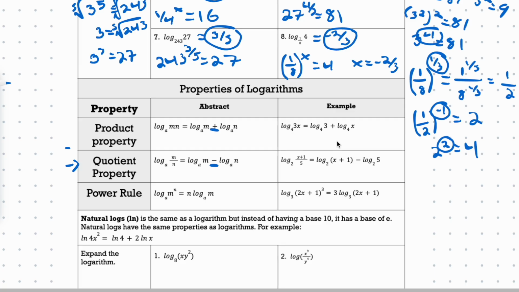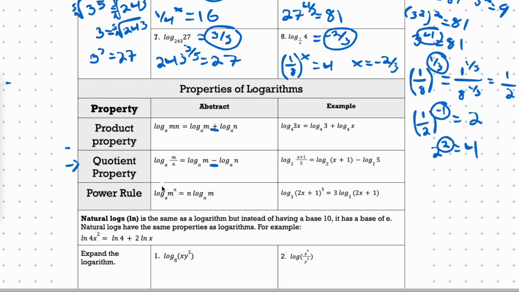And you can break it down whichever way you want. Here, we have log base 2 of x plus 1, subtract log base 2 of 5. Since we're subtracting, we would do division, right? We have the same base, by the way, just to make sure. We do x plus 1 over 5. And that's where we get that.